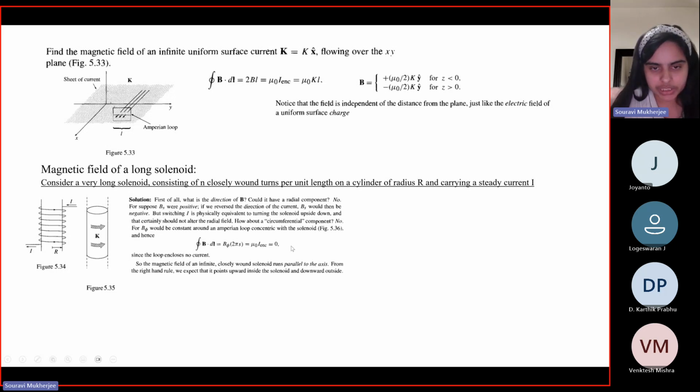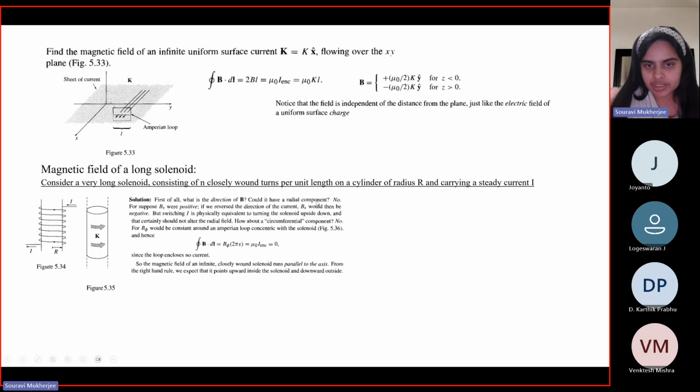Now here we are first talking about the direction of the field, how the field should be directed. Because you have currents in a circular fashion, you can expect that the field should be in the axial direction. It should not have a radial component.